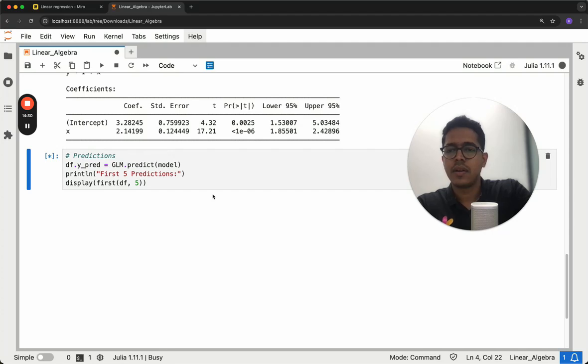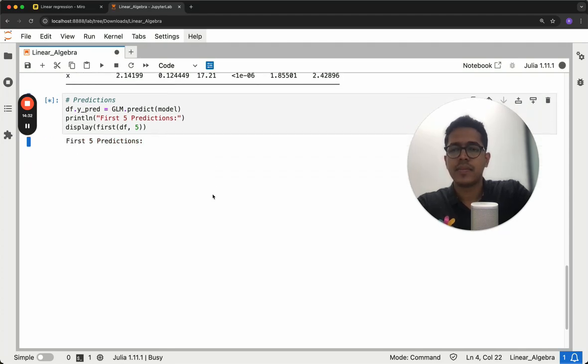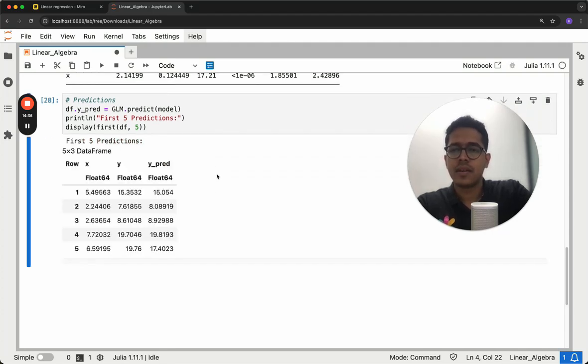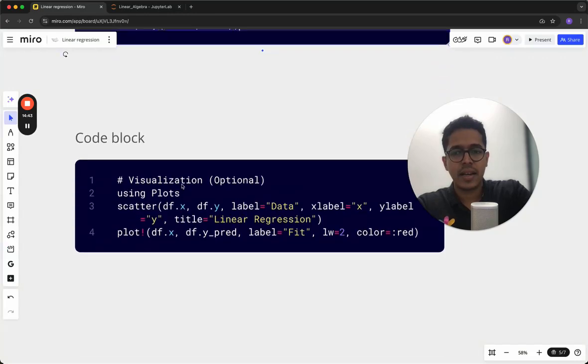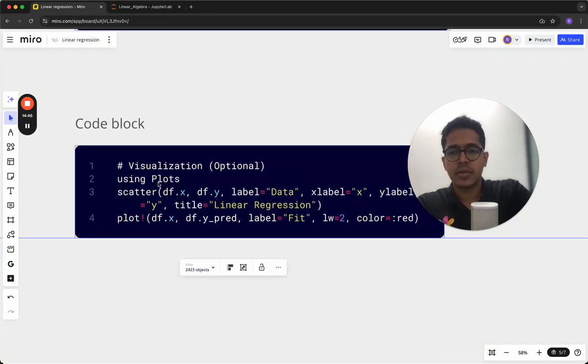First 5 predictions: x, y predicted. You can see that the actual y value and the predicted y value are fairly close. And last thing, the visualization.